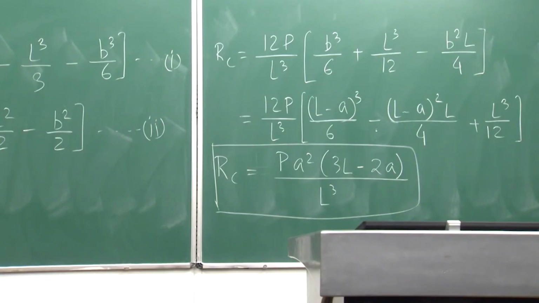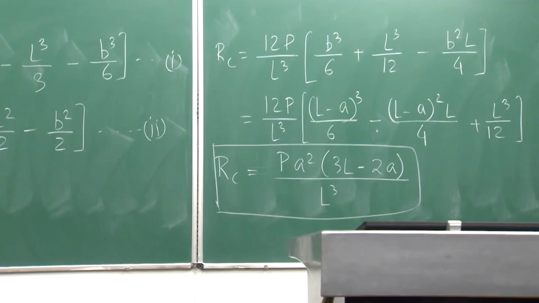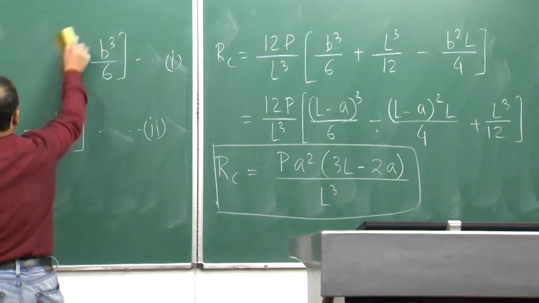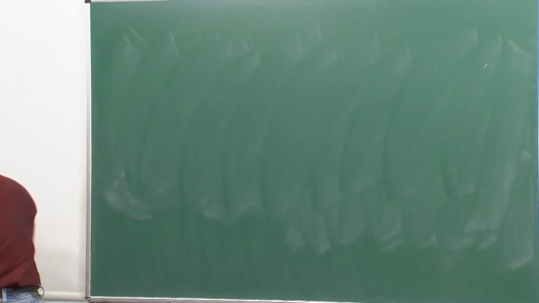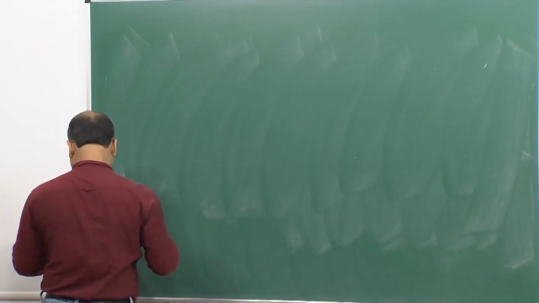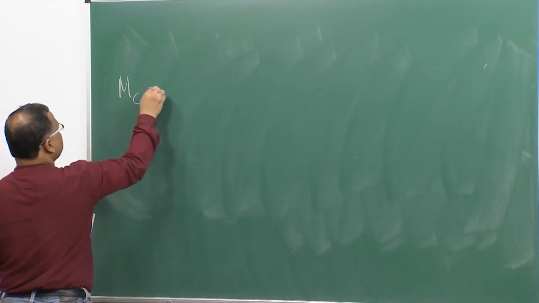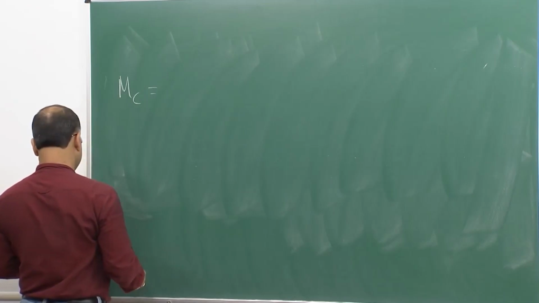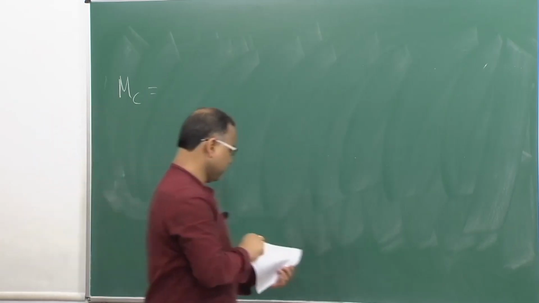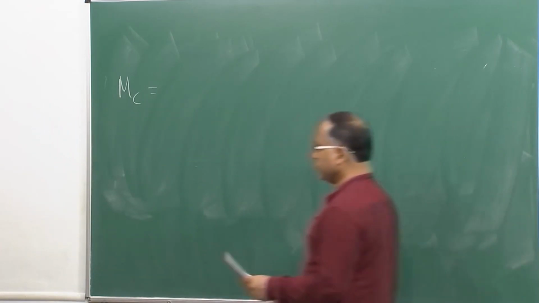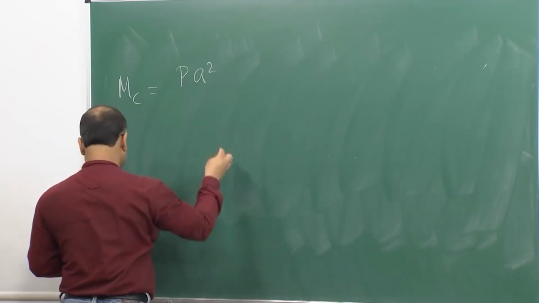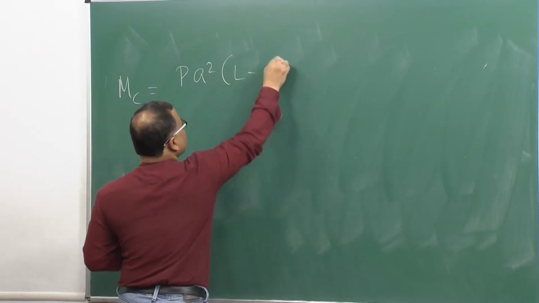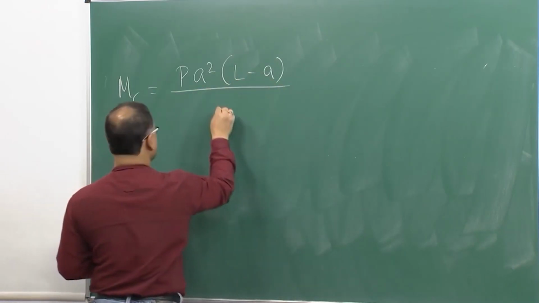Then once you got RC, you can find out MC also from either equation 1 or equation 2. MC will be coming as P A square (L minus A) by L square.